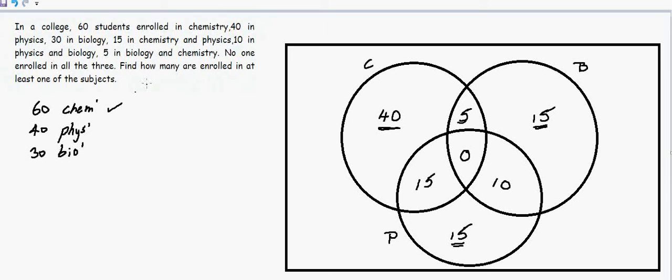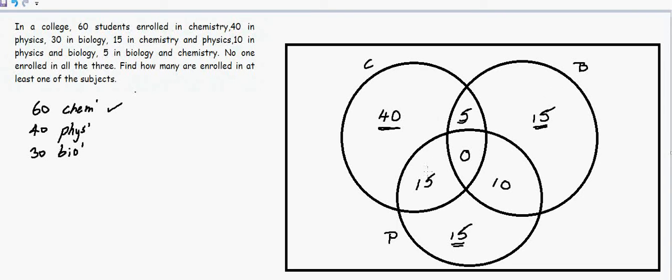And the question says find how many are enrolled in at least one of the subjects. So all the information is there now. We can see that 40 studied chemistry alone, 15 studied physics alone, and 15 studied biology alone.